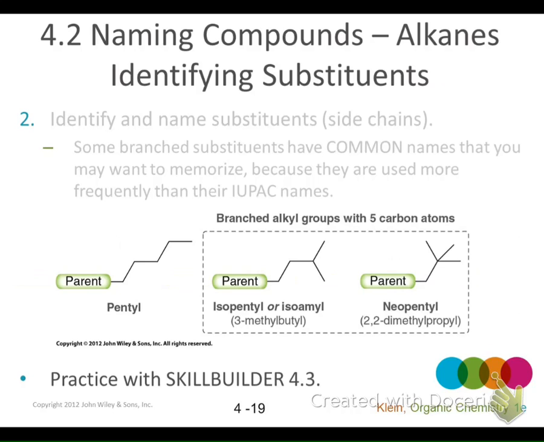So you have pentyl, you have isopentyl, and then, oh my gosh, there's this other new pentyl. That's another pentyl, so this is the neopentyl. Or you could call it 2,2-dimethylpropyl because it's 1, 2, 3 propyl, right? This is on the 2 carbon, so 2,2-dimethylpropyl, and then whatever the parent chain is attached to. Okay?